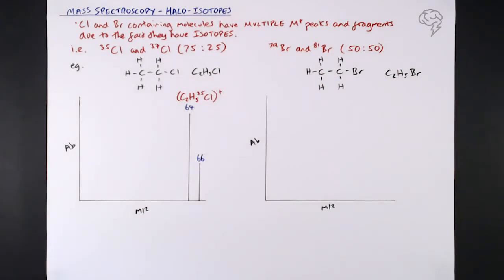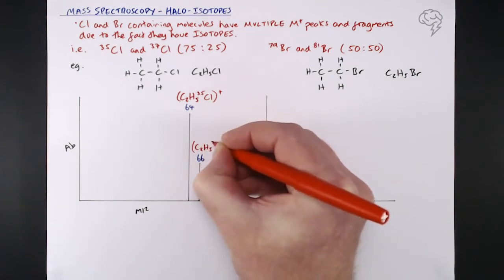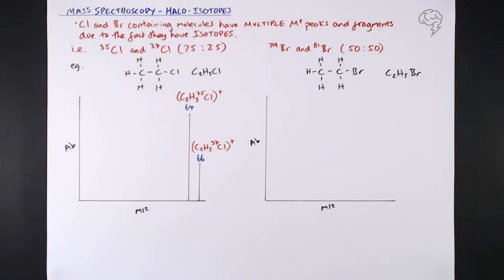So that one chlorine atom that's bonded to that molecule is a chlorine 35 isotope. The 66, likewise, we've got C2H5Cl again, but this time the Cl is the 37 isotope. So they're both the full molecule, but because chlorine's got two isotopes that have a two difference between them, 35 and 37, you're going to get two molecular ion peaks. And of course, don't forget to put those pluses on the end of those.